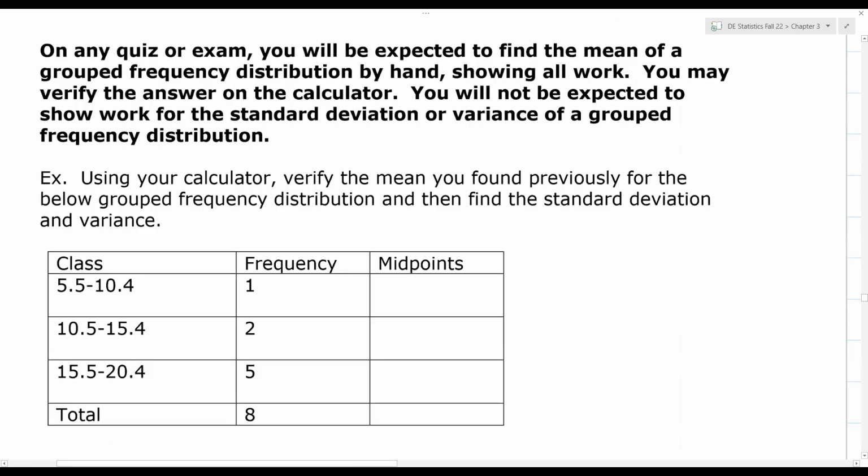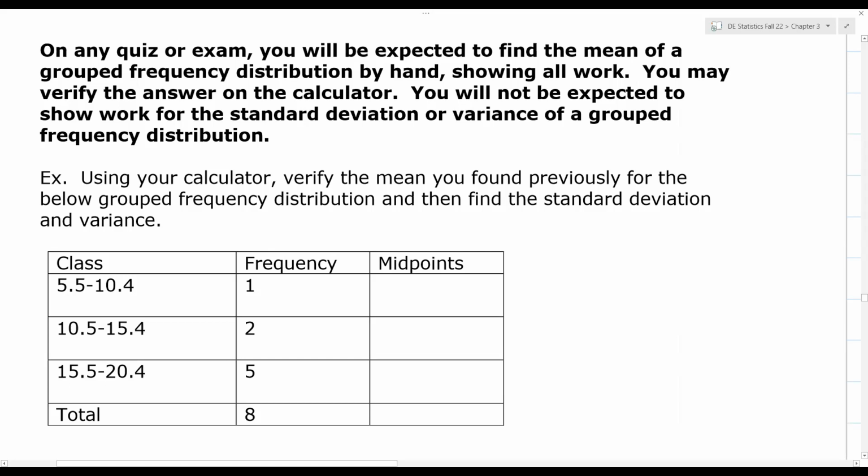So on an exam or a test, if you're asked to find the mean of something, so if you're asked to find the average, I will expect you to be able to show your work of how to find the mean by hand, whether that is from a raw data set or from a frequency distribution.